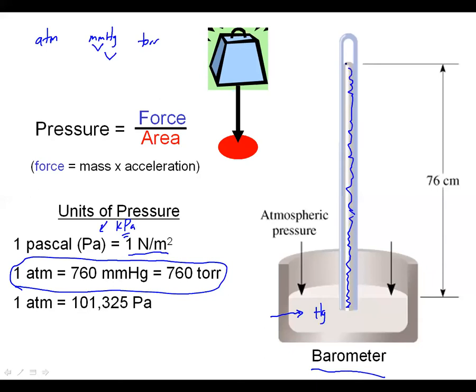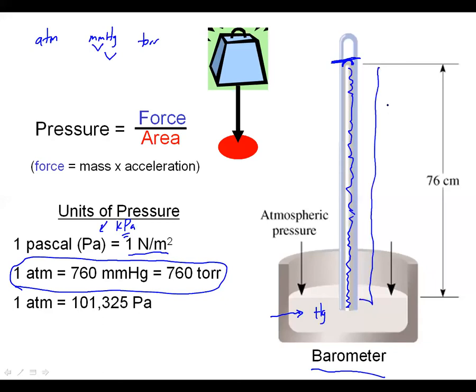Mercury is an unusual product as well. It actually has a reverse or an upside down meniscus. So the meniscus actually goes the other way. And we still read from the top of the meniscus in that case when you would read a barometer. And the reason we get the unit millimeters of mercury is because on a traditional barometer, there's usually a ruler.